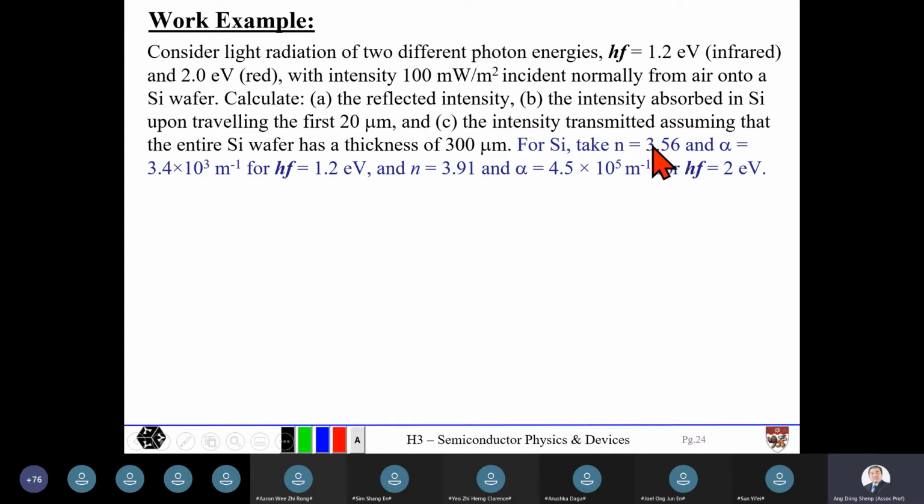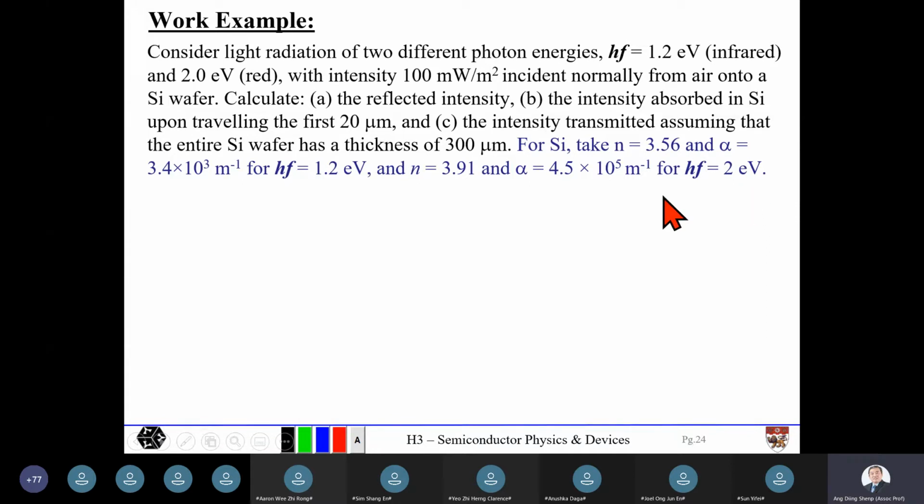So the refractive index is 3.56 for the photon energy of 1.2 eV, and is higher at 3.91 for the more energetic photon at 2 eV. Now, the alpha, the absorption coefficient, is also very different at the two photon energies. It's much lower for the less energetic photon as compared to the more energetic photon. So how to do the calculation?